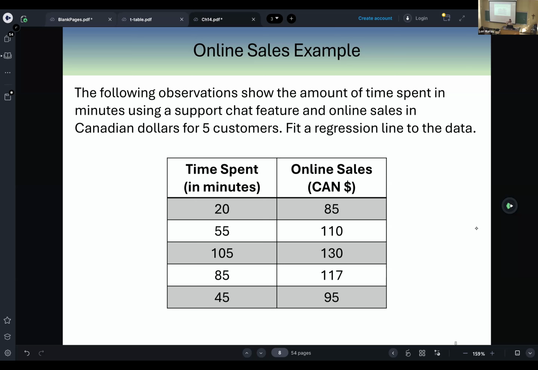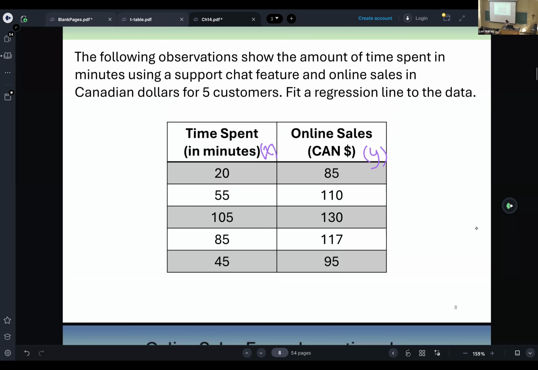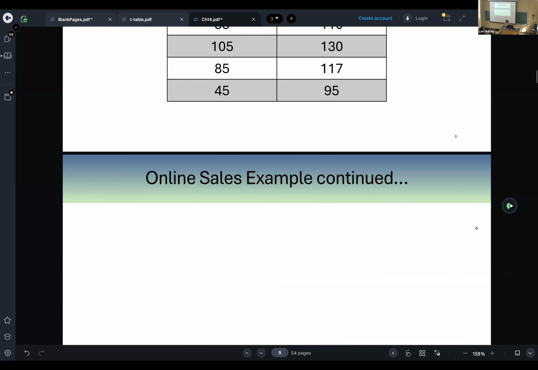Yes, the response would be the online sales and the explanatory would be the time spent. Perfect. So this would be our Y. That's what we're most interested in knowing. The company would want to know, is this chat feature worth the money? So this would be our X. We'll call it X and we'll call it Y so we know which is which, and you can sketch that. We usually sketch this.